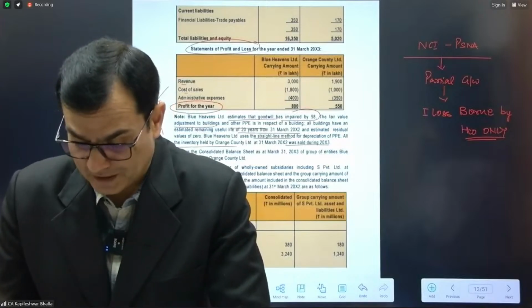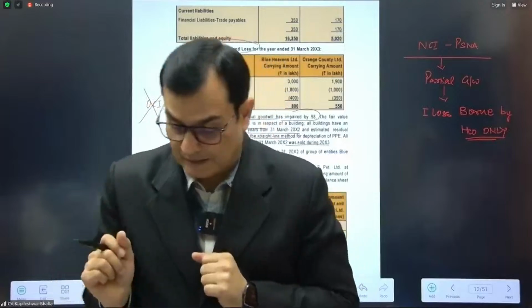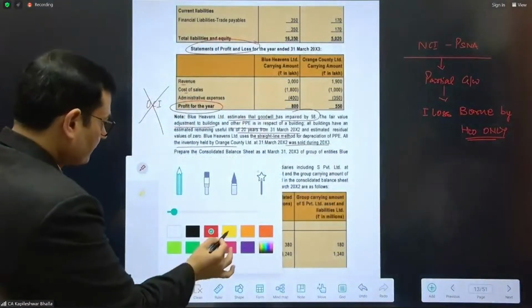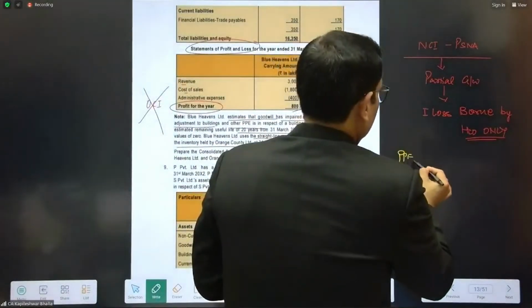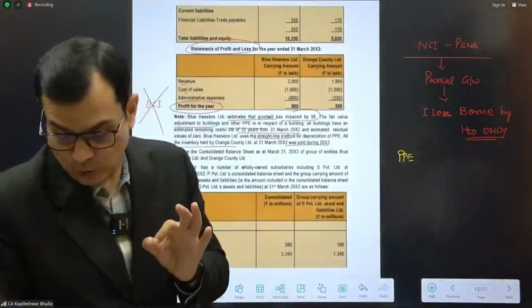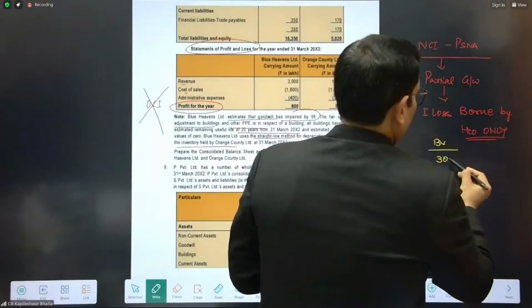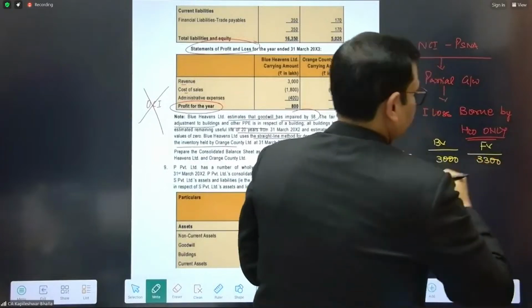If you go back to question number 6 of the study material, you would notice there was a building and PPE for the subsidiary company whose book value was 3,000 and whose fair value on the date of acquisition was 3,300.